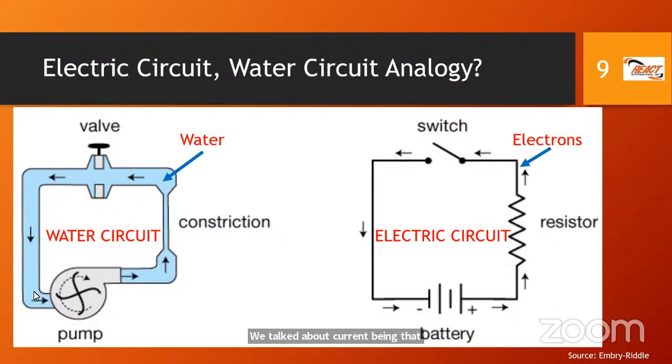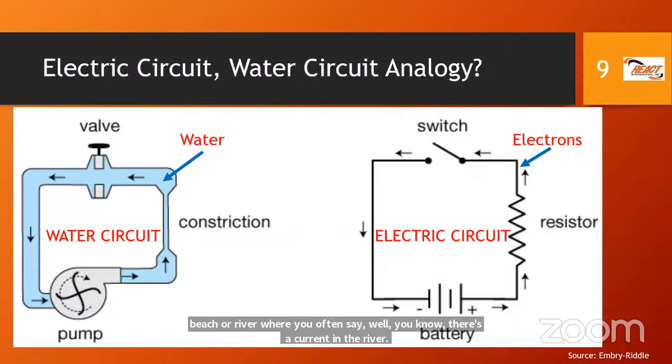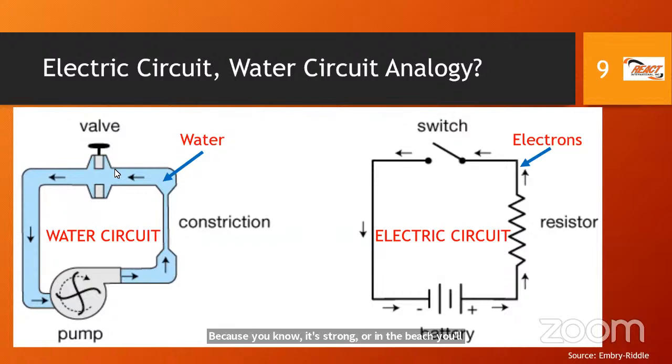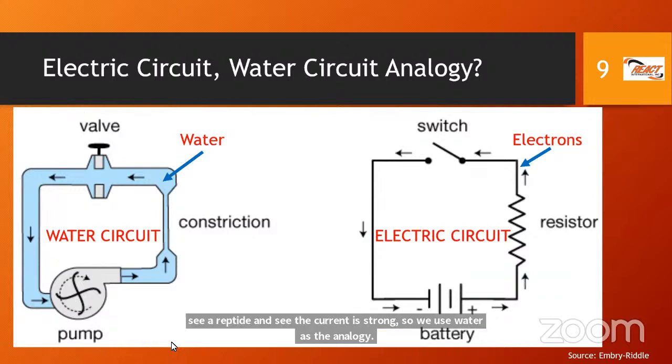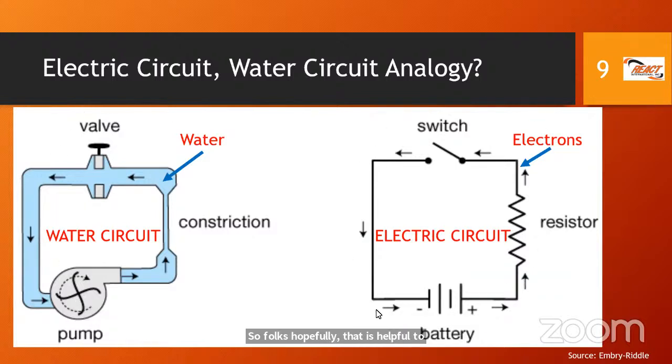And we said in a water circuit, there's also the flow of water. We talked about the beach or a river, where you often say, well, there's a current in the river because it's strong. Or on the beach, you will see a riptide and say the current is strong. So we're using water as the analogy. So folks, hopefully that is helpful to us in understanding the electric circuit.